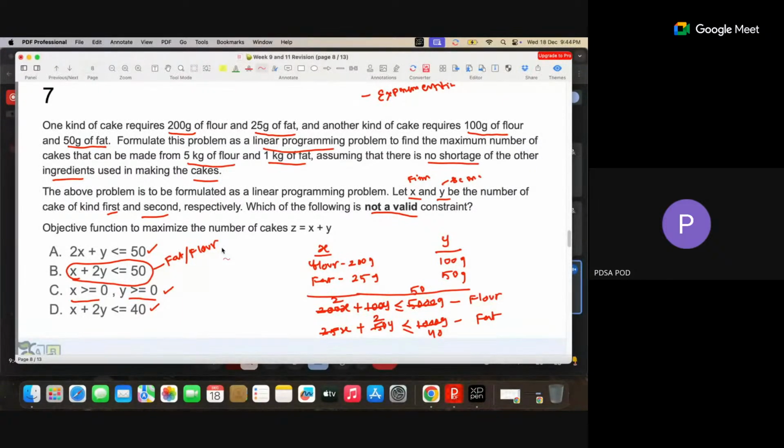Generally, these kinds of questions we give, and we ask you to identify the invalid constraint, and we ask you to identify the number of variables also. Sometimes we give different scenarios. If you look at the hand-woven carpets problem, you can go back and check it. There are 70 plus variables, because it's a dual LP problem. So we ask you to identify the number of variables in this problem.